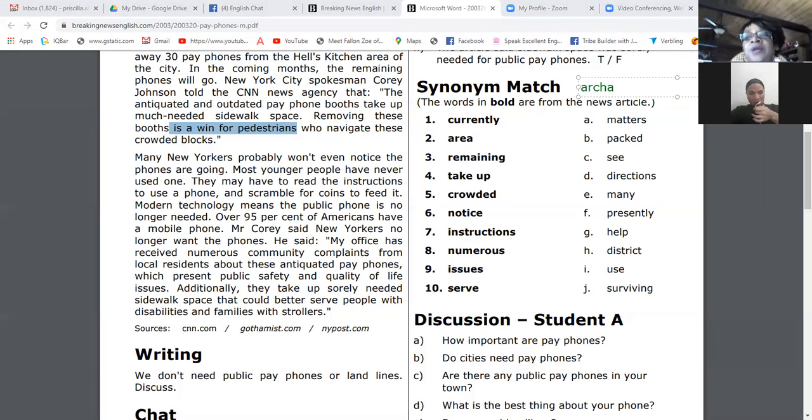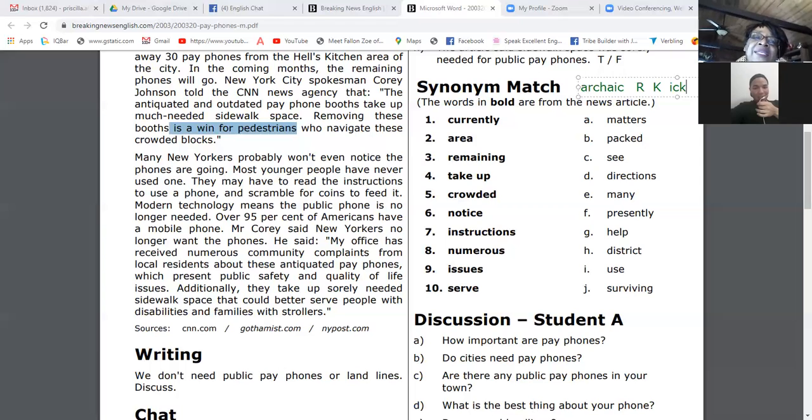Is that the word? Yes, that's the word I know. Okay, let's pronounce it correctly. Archaic. It's the H that I have difficulty with, but it's archaic.